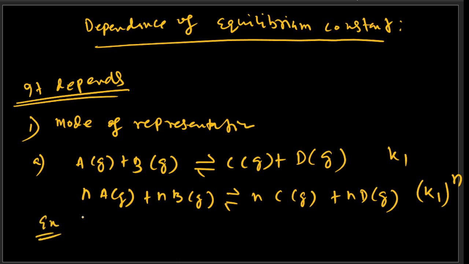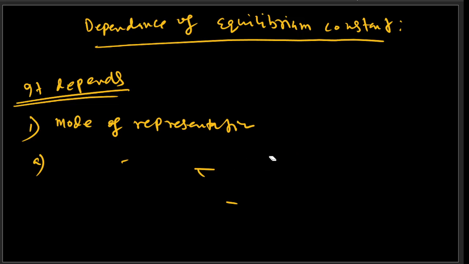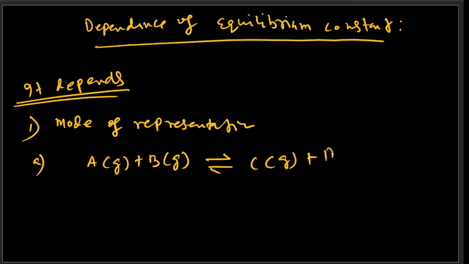Let's give an example. If A gas plus B gas is going to give C gas plus D gas, suppose this equilibrium constant is K1, and suppose I multiply this balanced chemical reaction by a factor of 2.